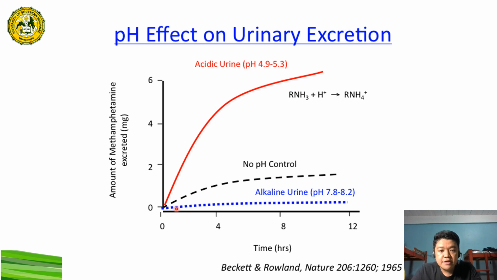So when you have an alkaline urine, there is only a very low concentration or low amount of methamphetamine that will be excreted in the urine. So this represents here the amount that will be excreted when the urine is alkaline.